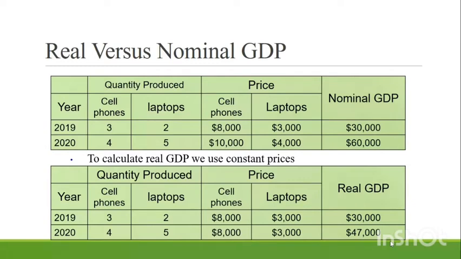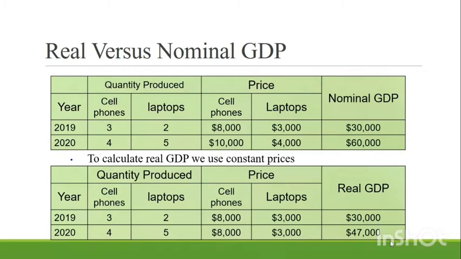In 2019, we have the production of three cell phones and two laptops, and the price of each cell phone is 8,000 and the price of each laptop is 3,000. So three cell phones multiplied by 8,000 becomes 24,000, plus two laptops multiplied by 3,000 becomes 6,000. 24,000 plus 6,000 becomes 30,000.